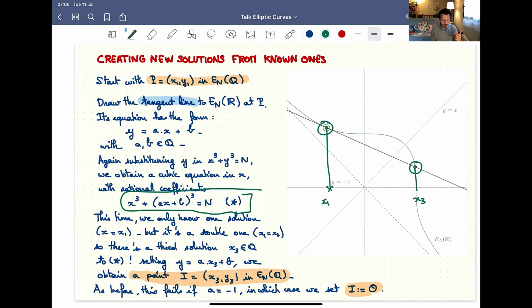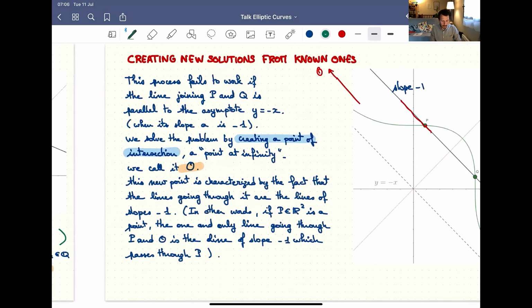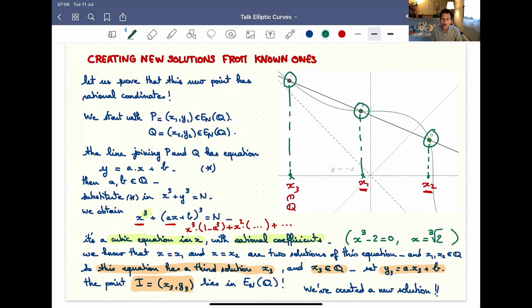And in the 2 points case, and this is this slide, we have 3 points in this intersection. So we have 3 x coordinates.